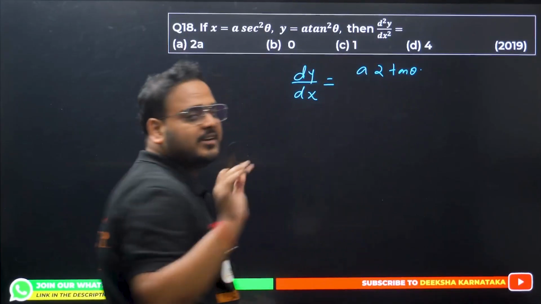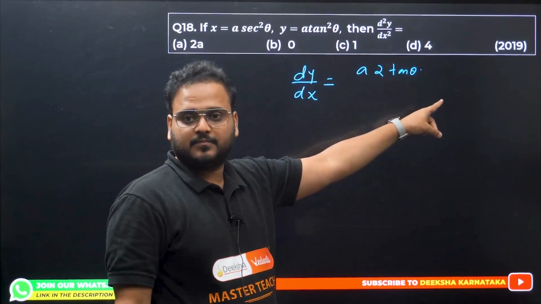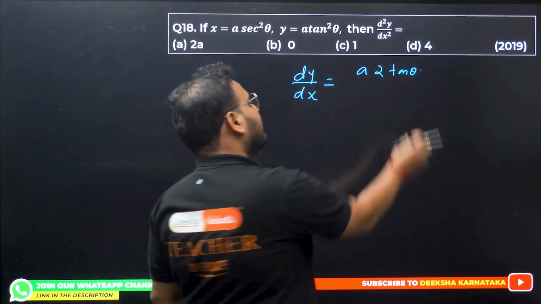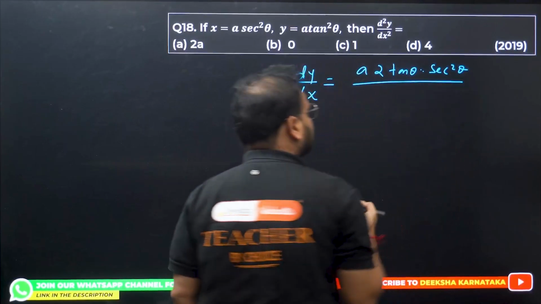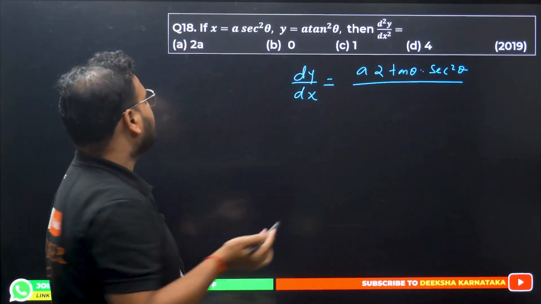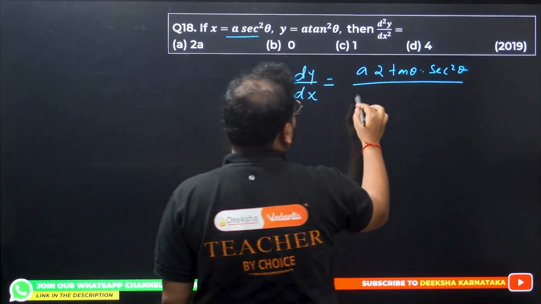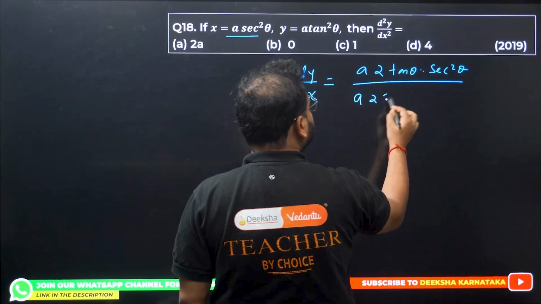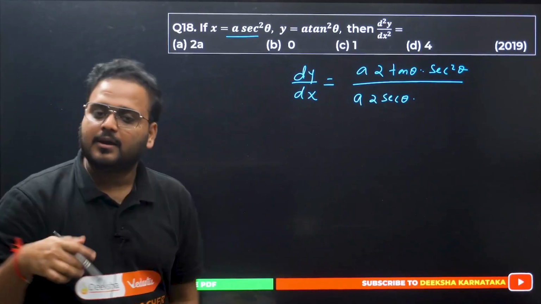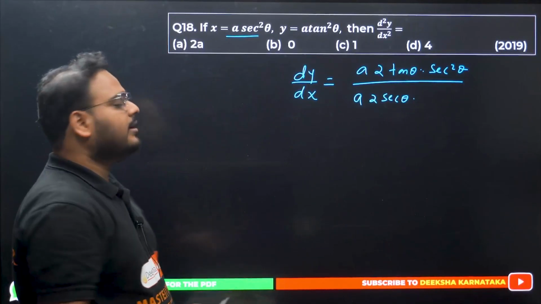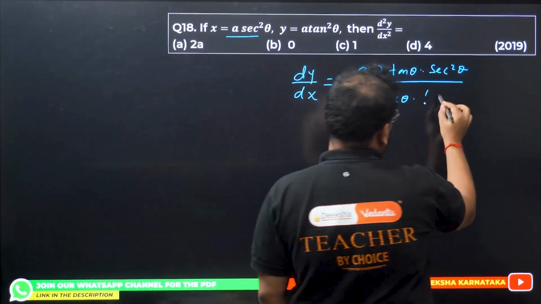So far we have done the derivative of the polynomial part, tan square, which gives 2 tan theta. Next is the trigonometric function: derivative of tan becomes sec square theta. Next step, differentiate x with respect to theta. Again a comes, polynomial function sec square gives 2 sec theta, and the derivative of sec is sec theta tan theta.